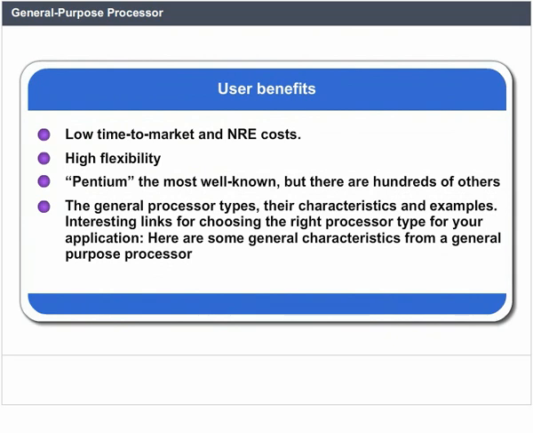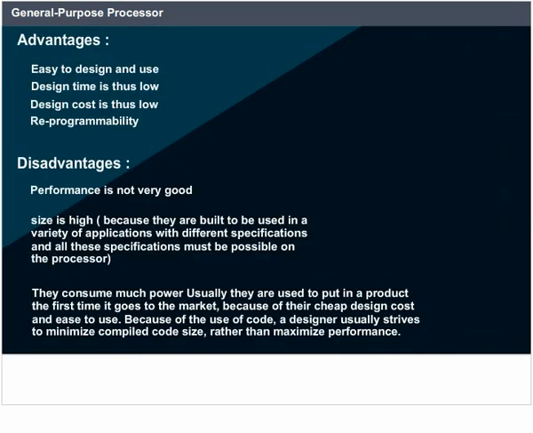Here are some general characteristics of a general purpose processor. Advantages. Easy to design and use. Design time is thus low. Design cost is low. Reprogrammability. Disadvantages. Performance is not very good.